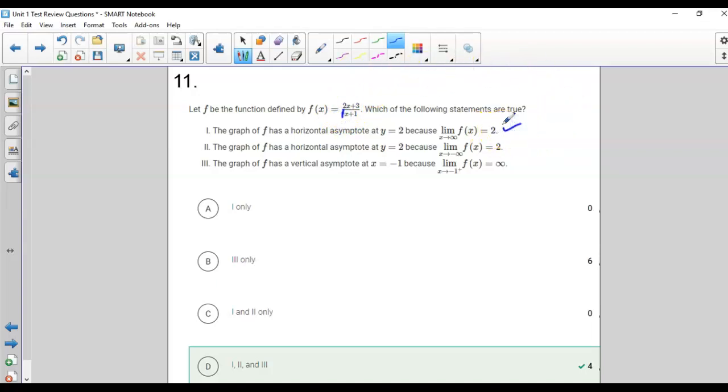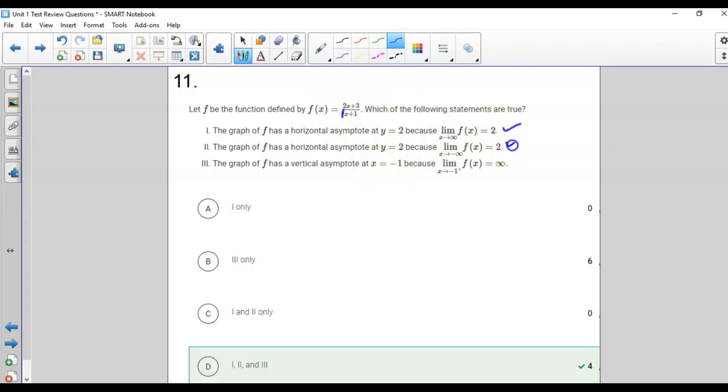This is correct. Number 2 says the graph has a horizontal asymptote at y equals 2 because the limit as x approaches negative infinity of f of x equals 2. Whenever you just have polynomial functions, right, or rational polynomial functions like this, there's no square roots involved. It does not matter whether you approach positive or negative infinity. You get the same value.